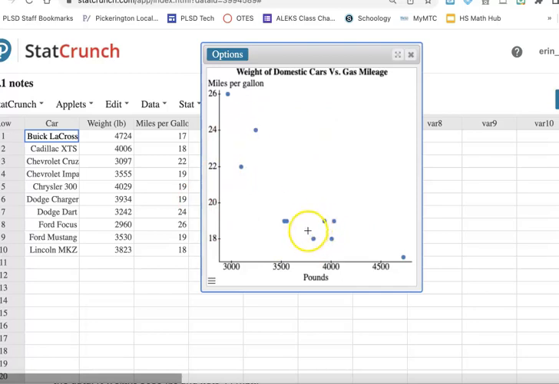We've got our scatter diagram. Part C, compute the linear correlation coefficient between weight of a car and its city MPG. So again, that's in summary stats.